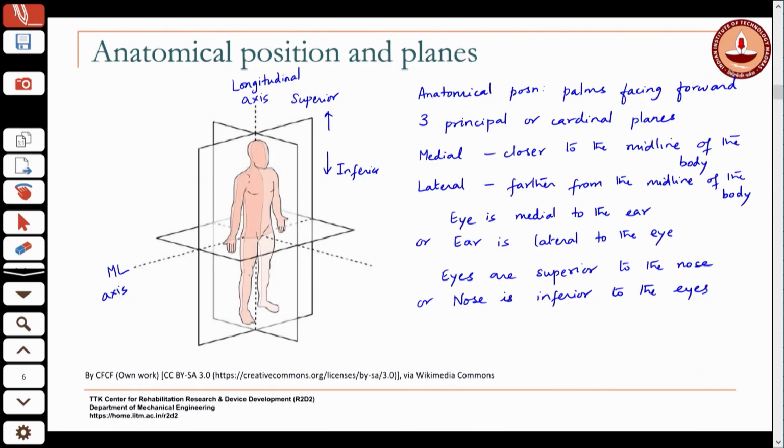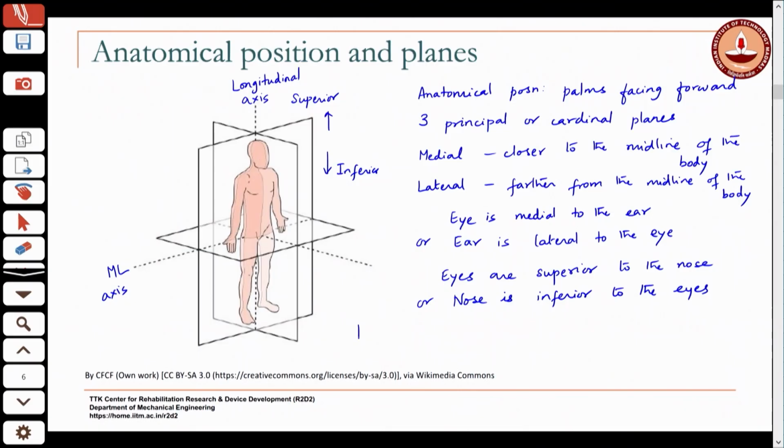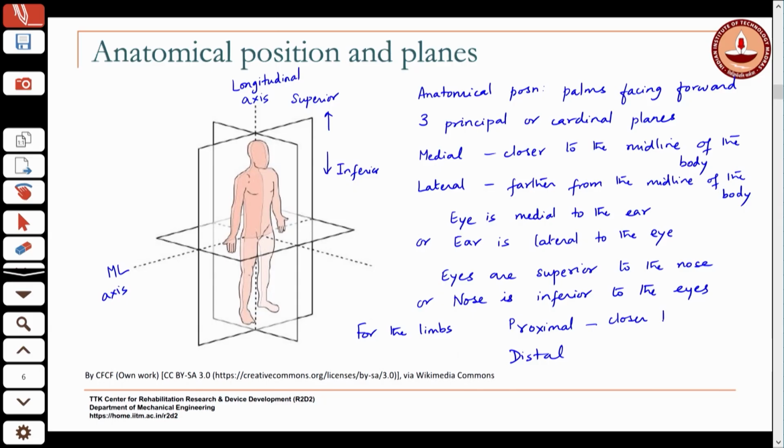In addition, when we talk about the limbs, upper and lower limbs, the arms and the legs, we also have two more terms. We use the terms proximal and distal. When we say something is proximal, proximal means closer to its point of attachment to the body.